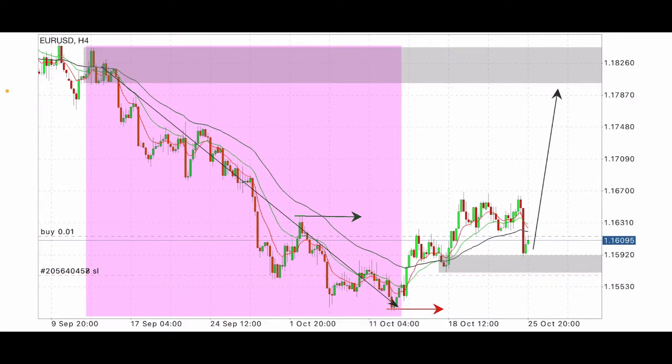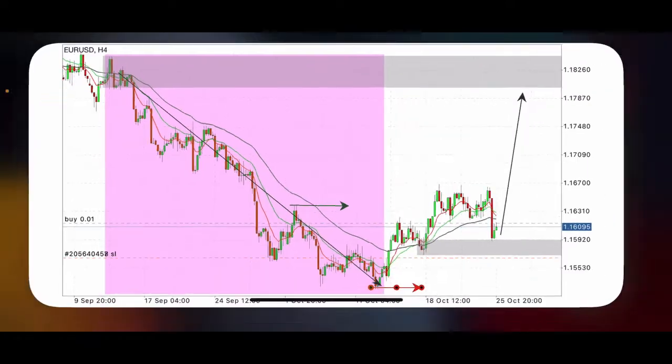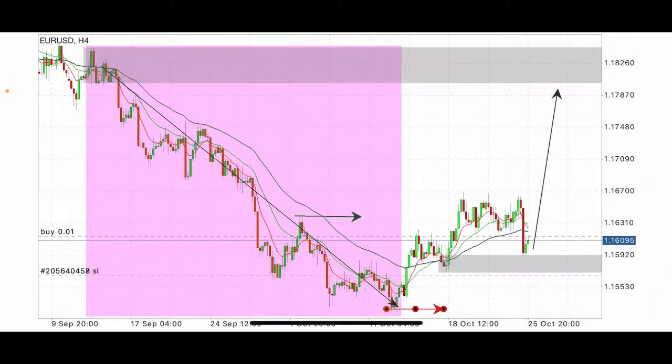So what happened? As soon as price made that lower low, it failed to go lower to create a lower high. Sorry about that, guys. We're left with this lower high and the lower low at the bottom. Right. So what happened then?